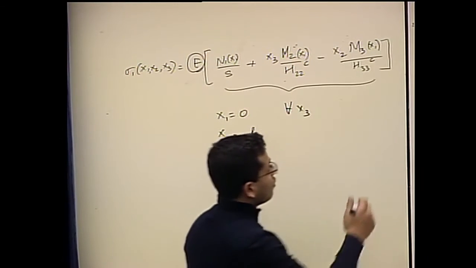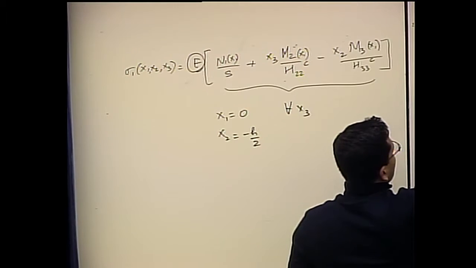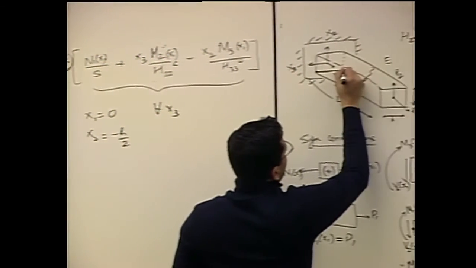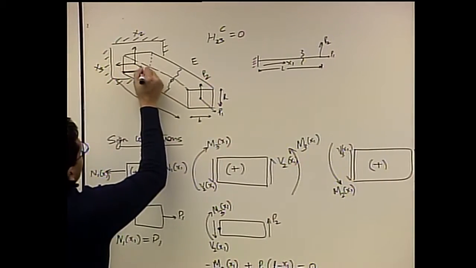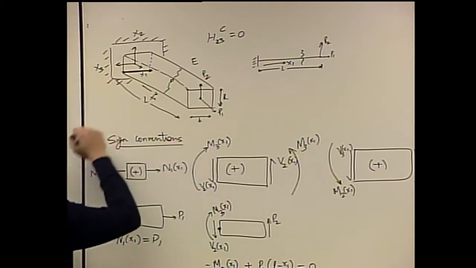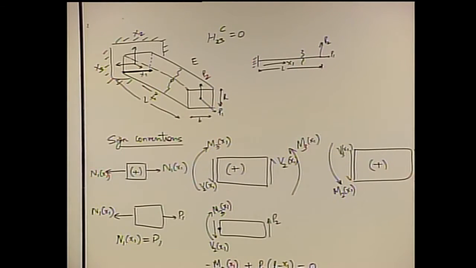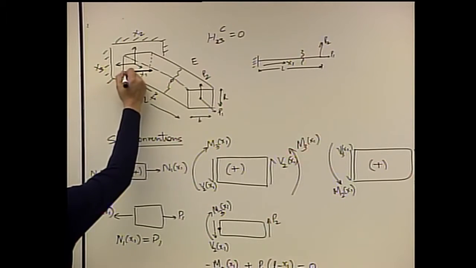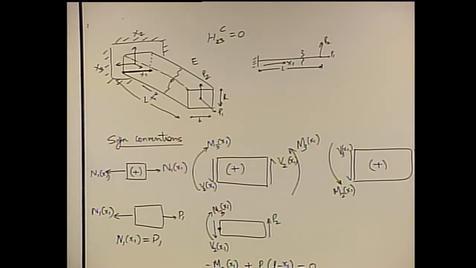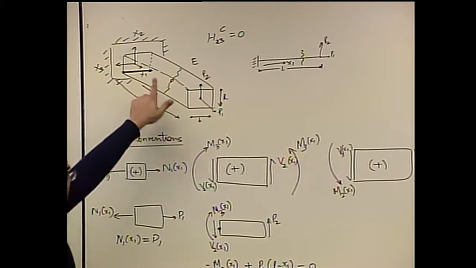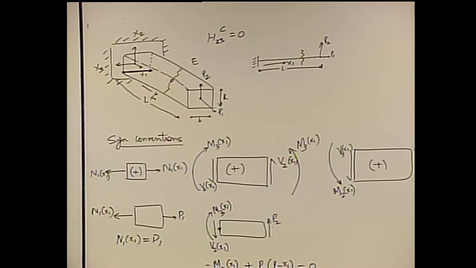So x2 is negative of h over 2. x3 can take any value, and x1 is 0. That's this line. So the stresses will be maximum at the lower end of the root, or the lower edge of the root.